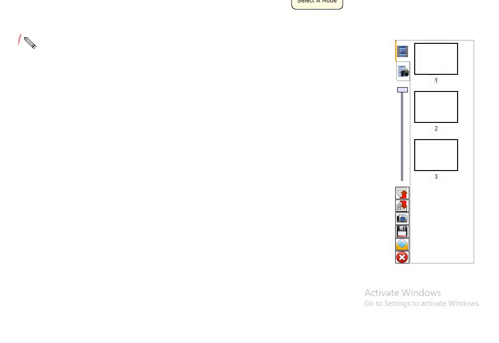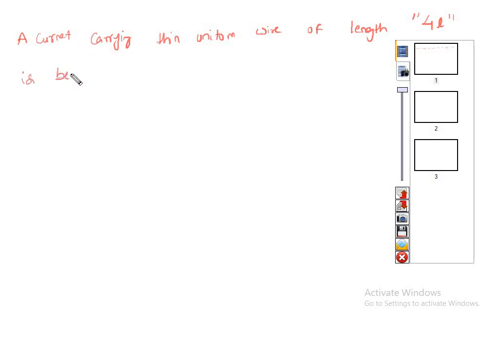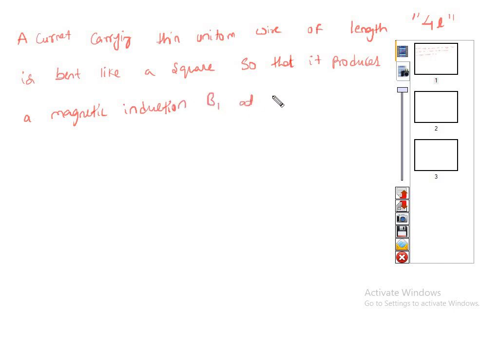The next question: a current carrying thin uniform wire of length 4L is bent like a square so that it produces a magnetic induction B1 at the center of the square.